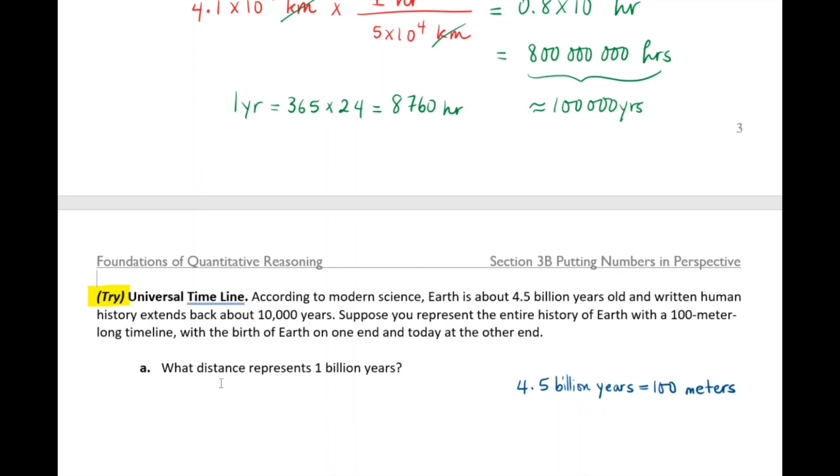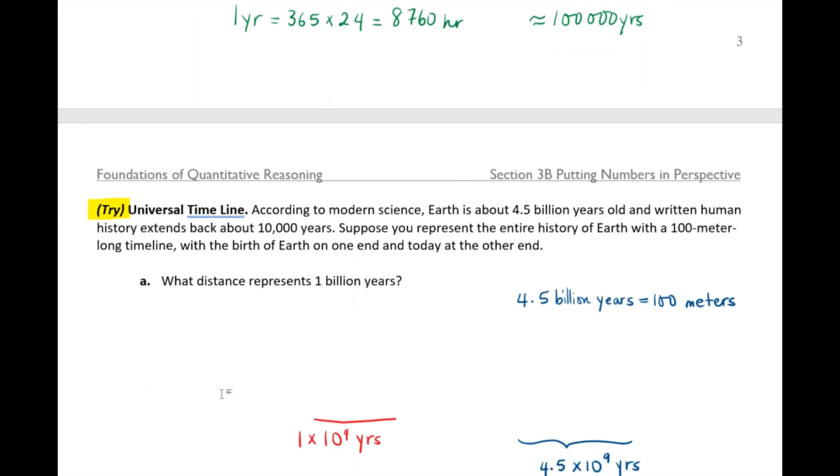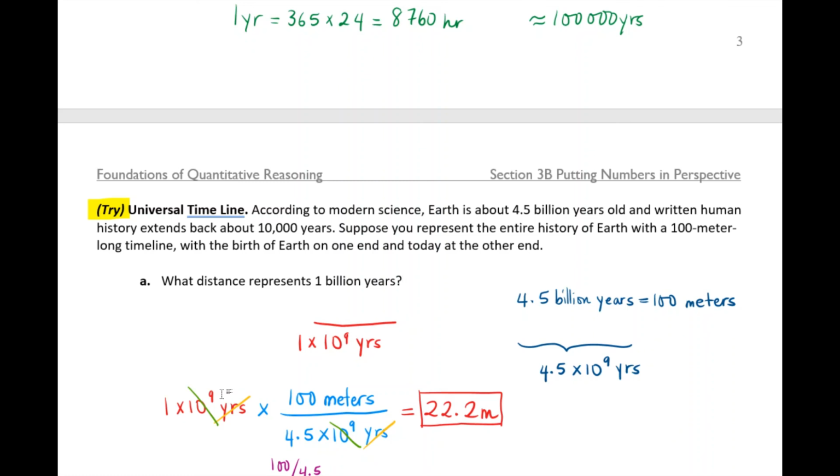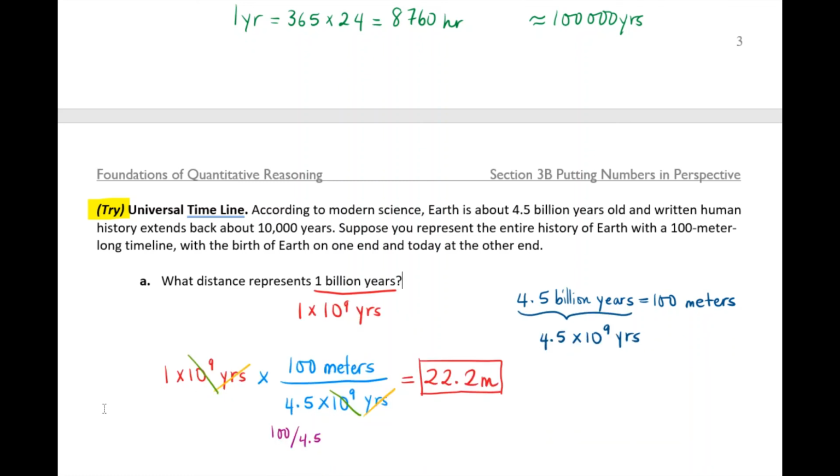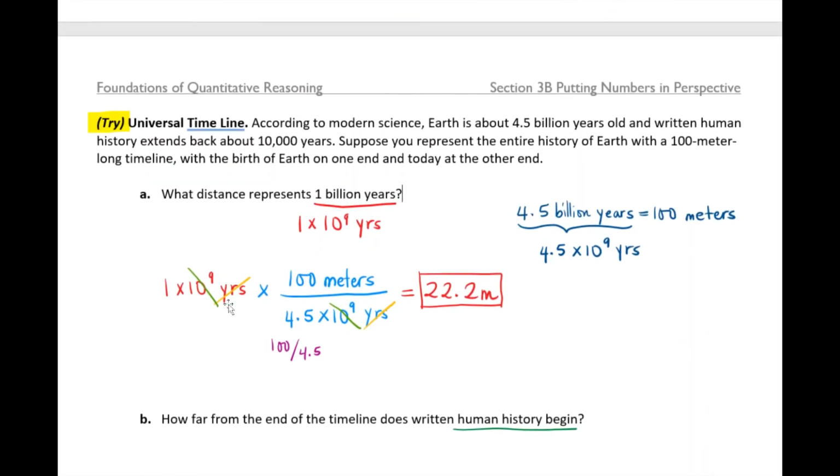And of course here, as you can see, you're simply converting the number of years, which is 1 billion years, into meters, and 100 meters represents 4.5 billion. So that makes 22.2 meters. So that much on this timeline represents, be careful, the whole timeline is 100 meters.